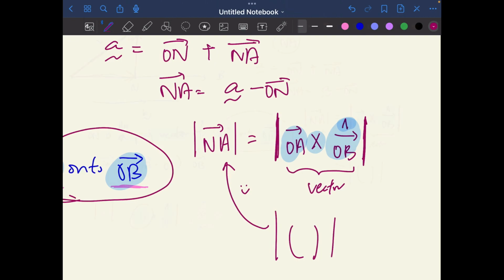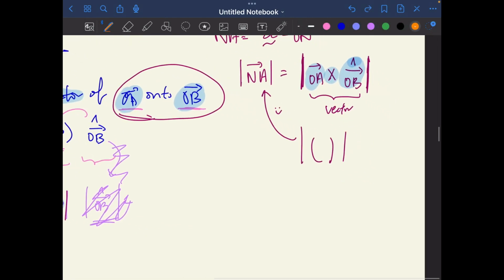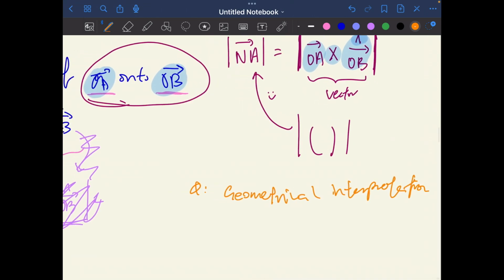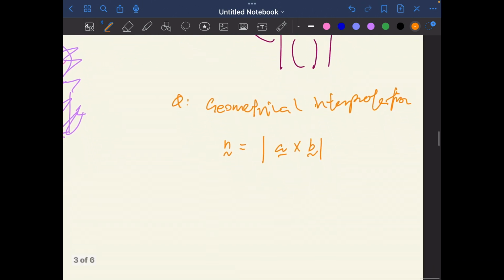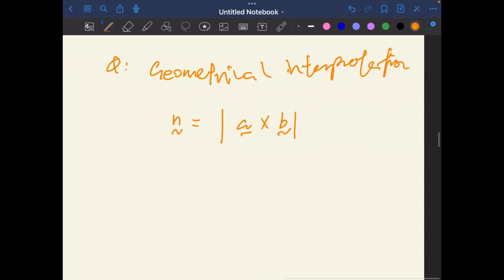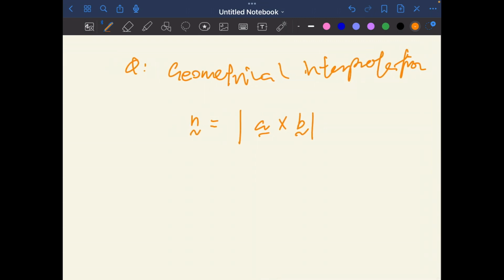Okay, this is where it gets interesting. Let's say the question asks you, what is the geometrical interpretation of n equals mod A cross B. So there are actually two possible interpretations depending on the context of the question.